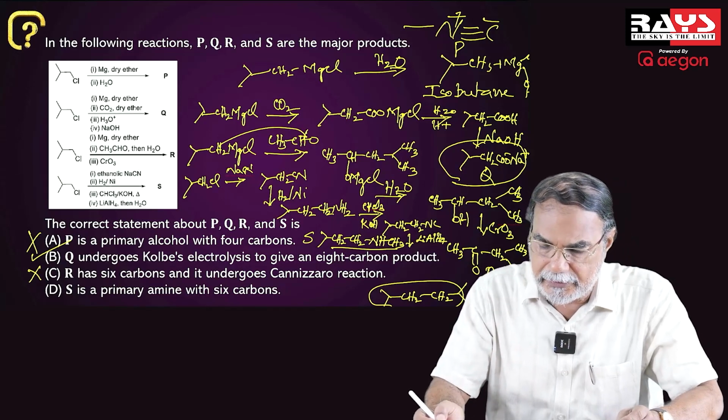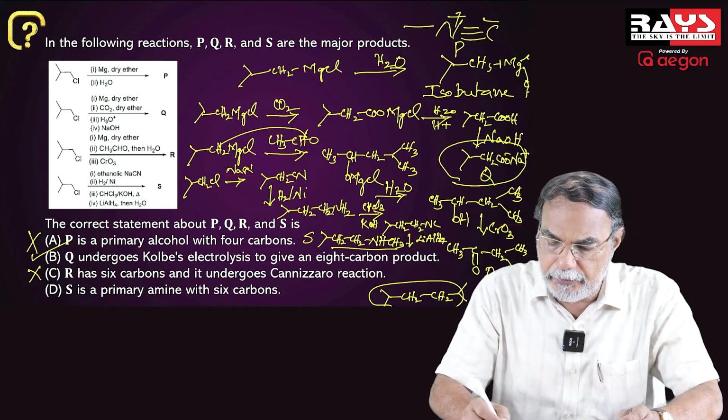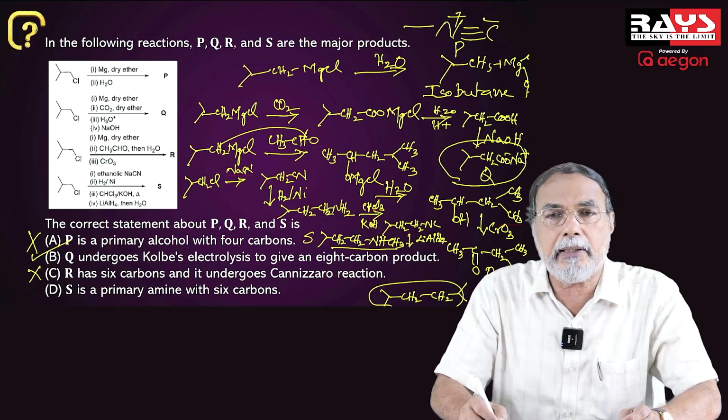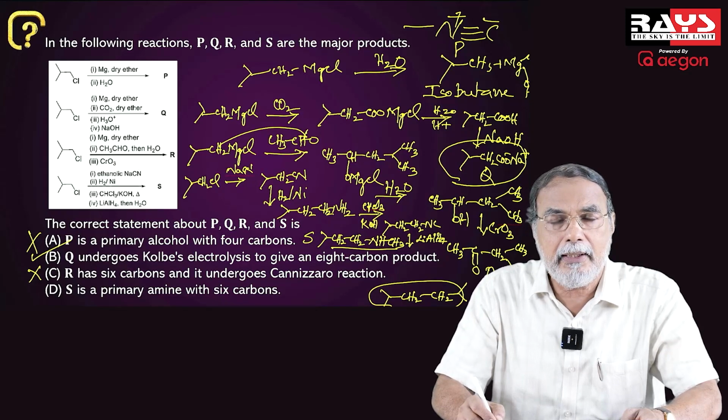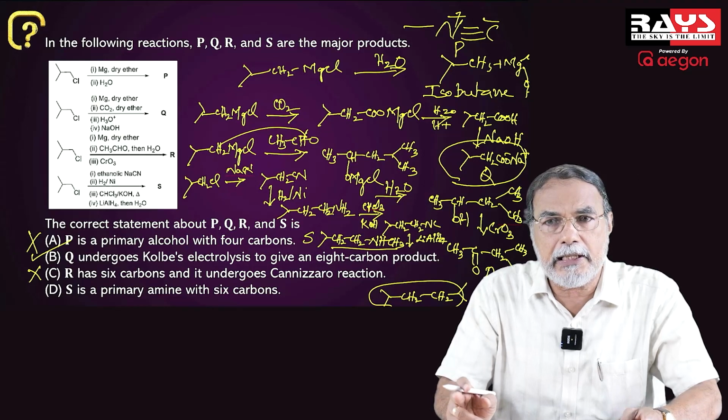And coming to S, this compound, a secondary amine, 1, 2, 3, 4, 5, 6. You have 6 carbon atoms, that's okay, but it's not a primary amine, it is a secondary amine. The product is a secondary amine. It is a product formed from isocyanide reduction. Isocyanide reduction gives NHCH3 group.